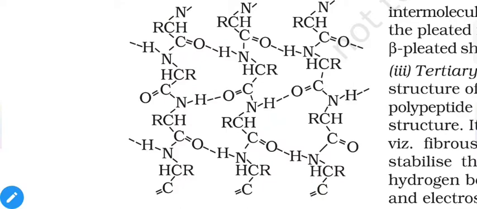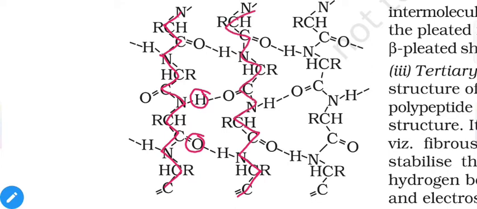Here we have a rough representation of a beta pleated sheet. Suppose this is our first protein or polypeptide, and this is how it is arranged in a zigzag. And now as you can see, at certain points we have oxygens and at certain points hydrogens coming out of the structure, and here we placed a second structure of the same type.